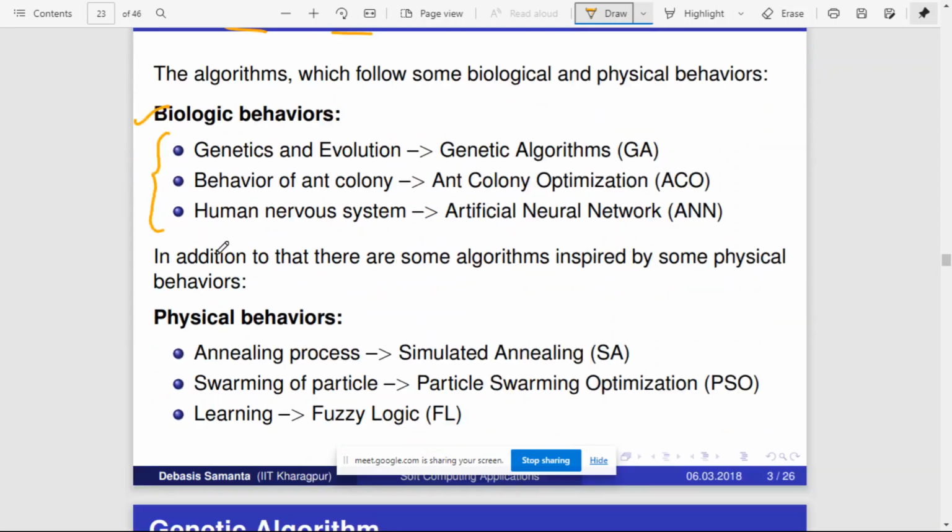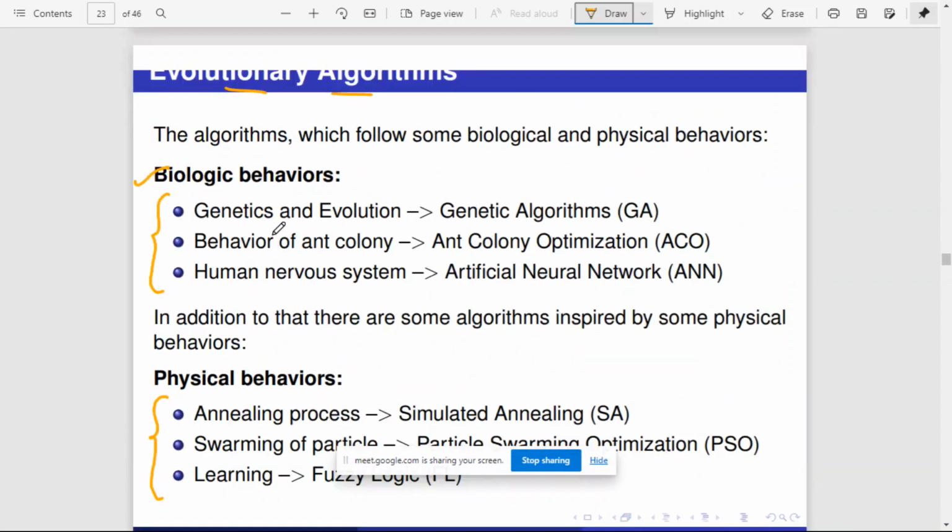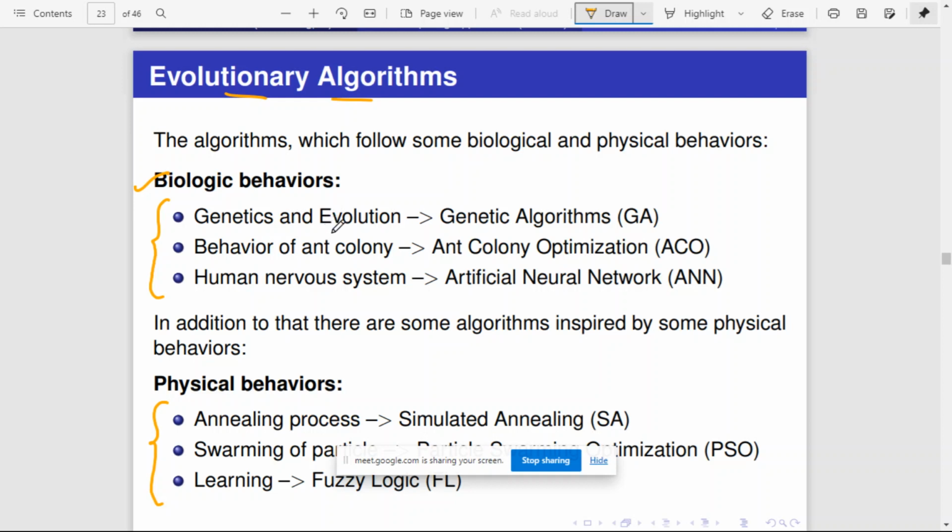And there is a certain class of algorithms which are inspired from the physical behavior of humans or some species, or some physical behavior of some materials or matter, right? Okay. So basically these algorithms are inspired from nature, you can say, right?